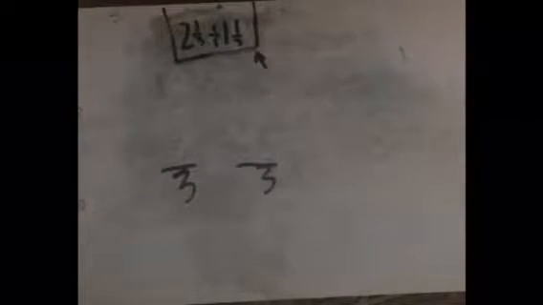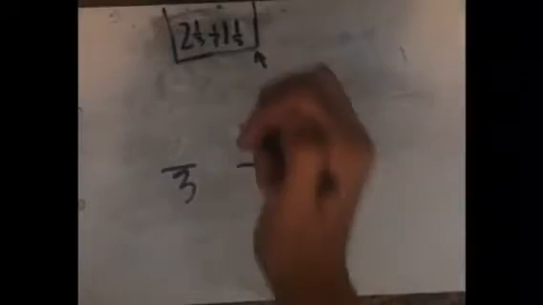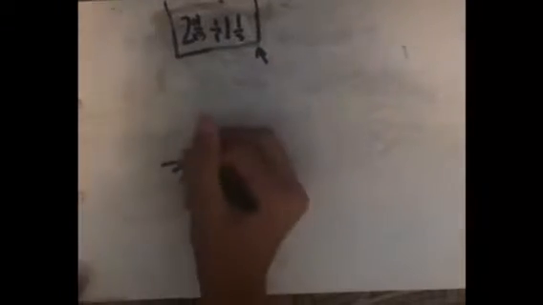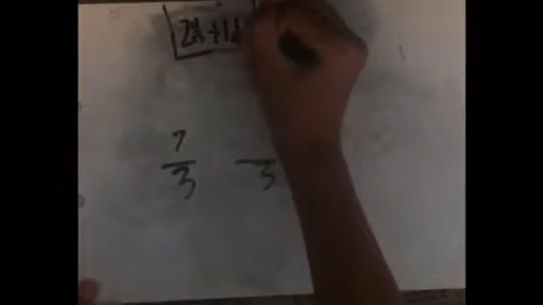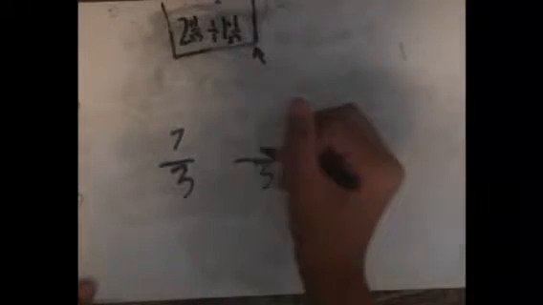And then to figure out the numerator, we do 2 times 3 plus 1. 2 times 3 is 6, plus 1 is 7. And then we do the same thing for 1 1/3. 1 times 3 is 3, plus 1 is 4.